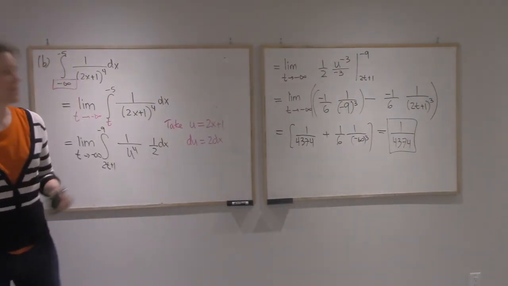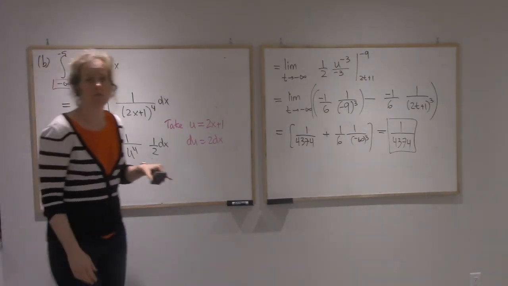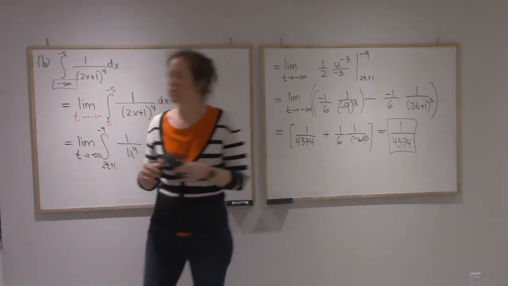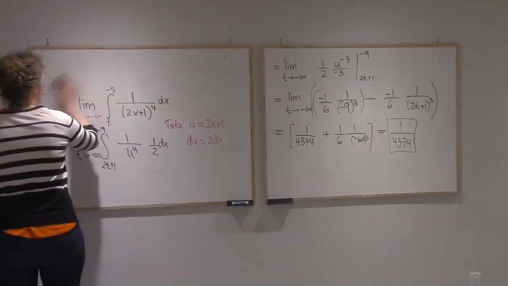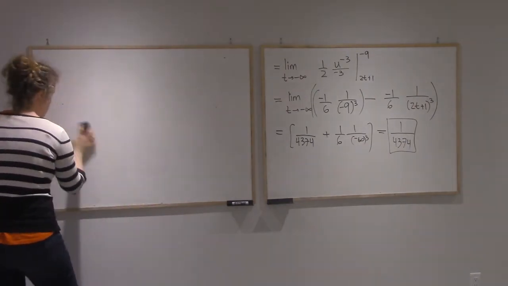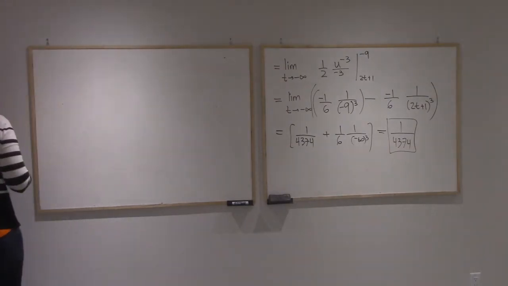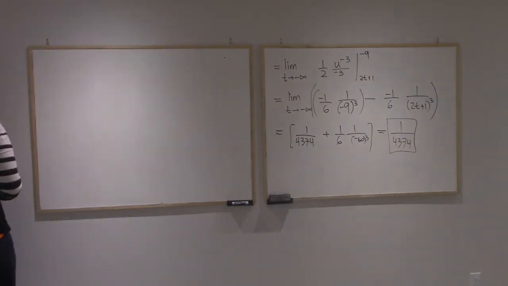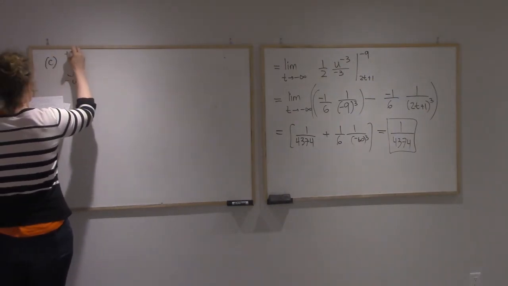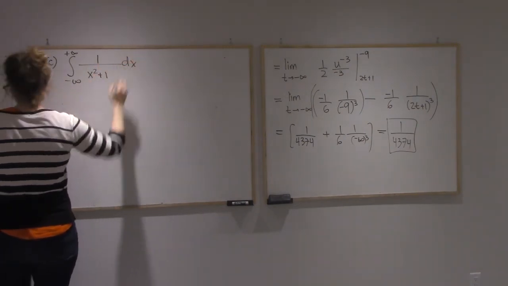So I've done one example where the top bound was infinity, and one example where the bottom bound is minus infinity. Now let's do an example where both are infinite, just to show you how to split. Let's look at the integral from minus infinity to plus infinity of 1 over x squared plus 1 dx.